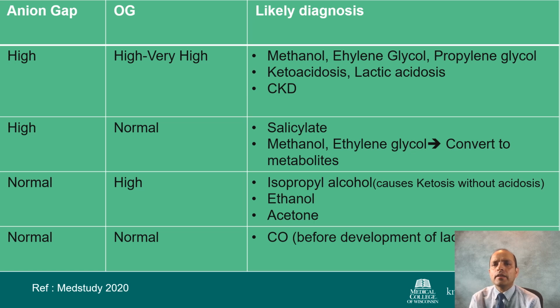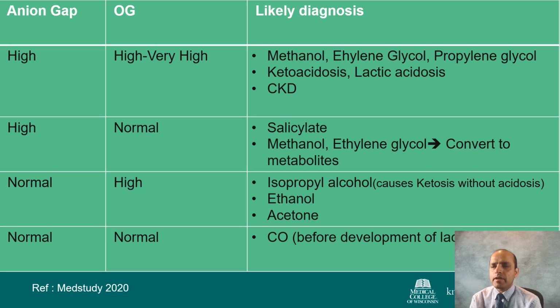On the other hand, isopropyl alcohol, ethanol, and acetone won't result in an anion gap. In these three conditions, anion gap is normal. That helps you distinguish between different kinds of alcohol.